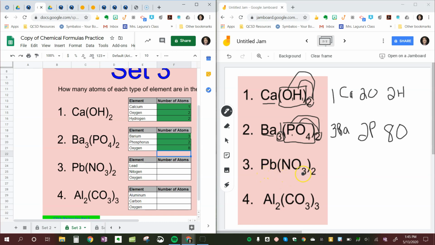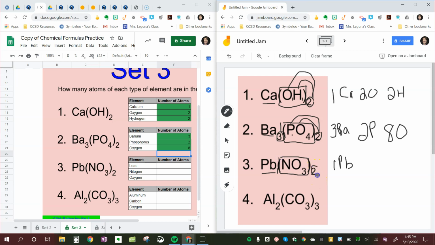This one is lead nitrate. Lead is outside of the parentheses, so we just use whatever subscript it has, which is a 1 in this case, 1 lead. Now what's inside the parentheses? NO3 is inside the parentheses, so I'm going to box that off so I can concentrate on that now.